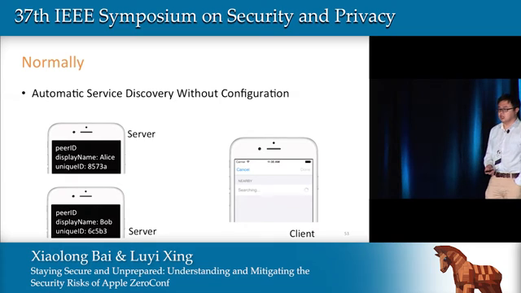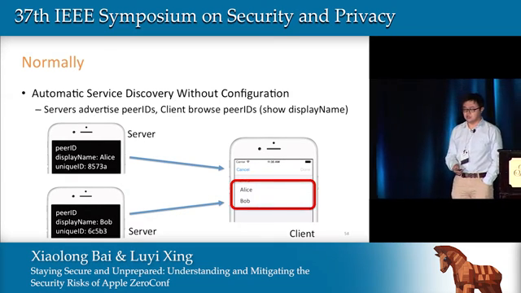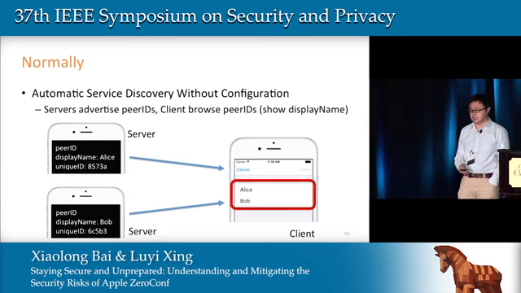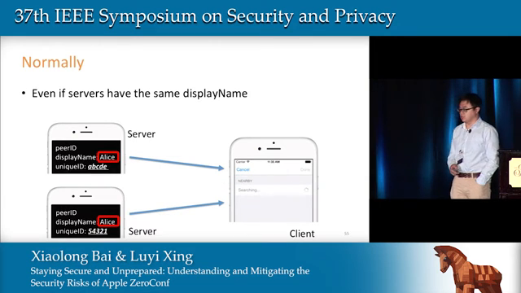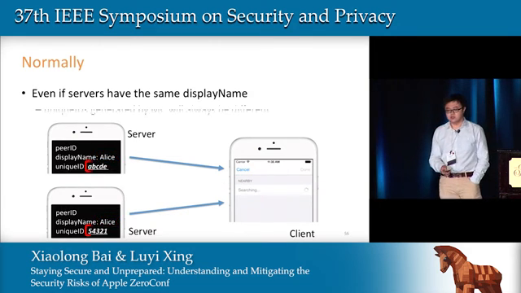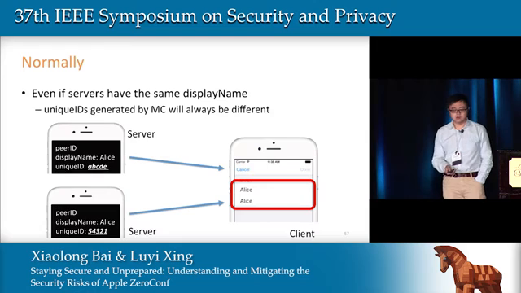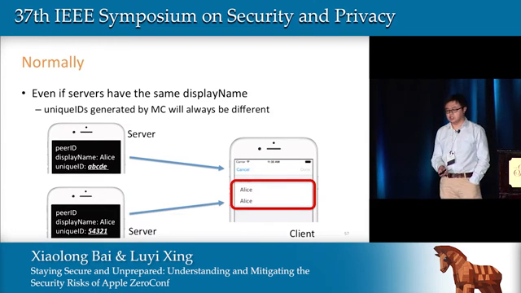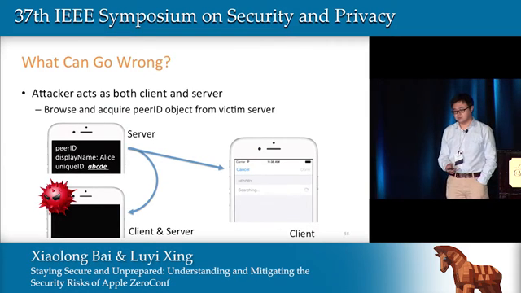During normal service discovery, the servers will advertise their peer ID objects, and the client will browse these peer IDs and show the display name. Even if two servers are created with the same display name, their unique IDs generated by MC will always be different. As a result, the client can distinguish them by their unique IDs and show two peers.